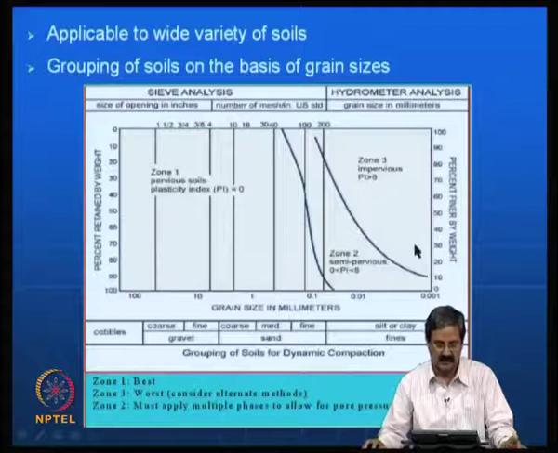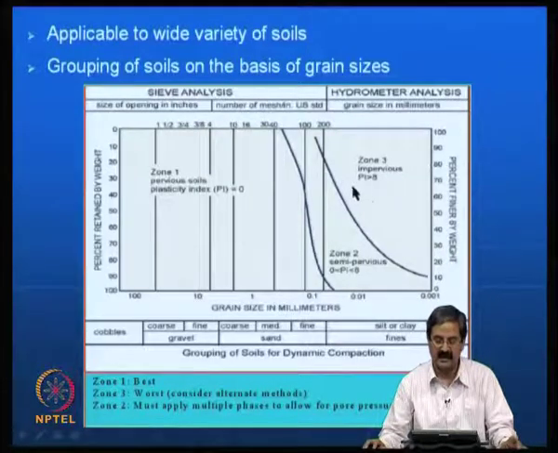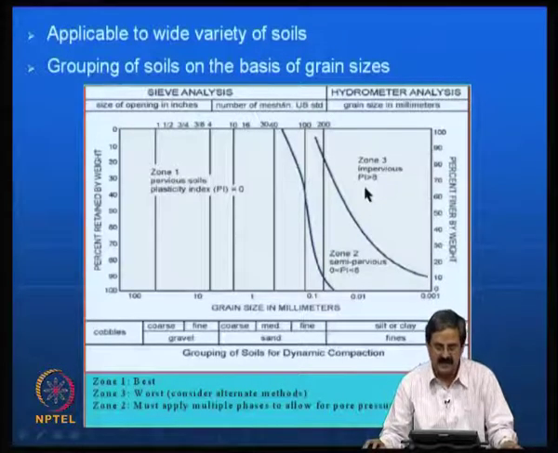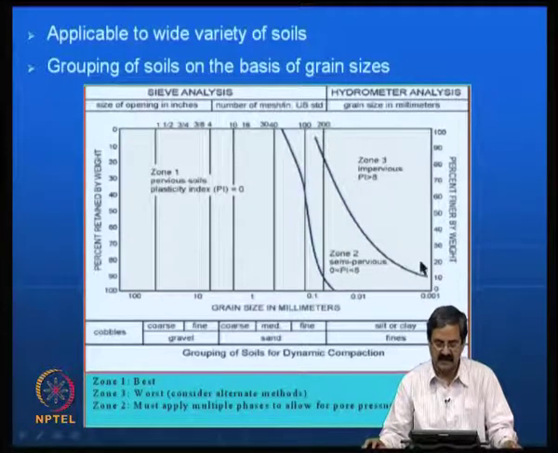Then zone 3, the impervious materials where the plasticity index is more than 8, for example clays, are not very effective, and so they come under this region where the grain size is less than 0.1 mm, essentially clayey material.